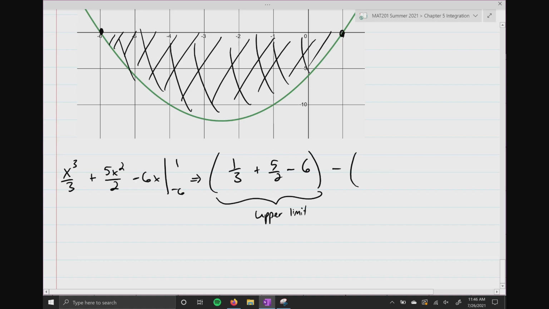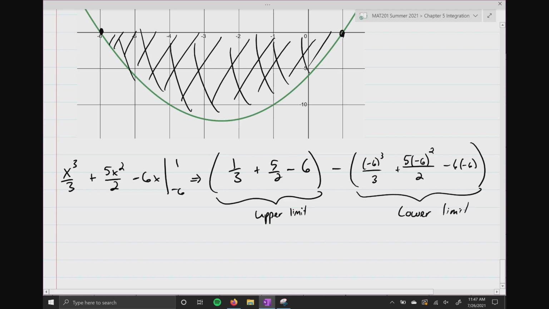Now my lower limit is going to be -6 to the third over 3 plus 5 times -6 to the second over 2 minus 6 times -6. And this is my lower limit. So I need to simplify the upper limit, simplify the lower limit, and subtract those two quantities.